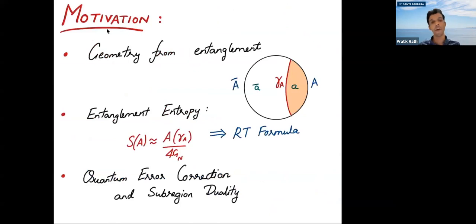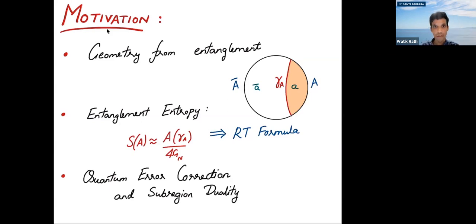So let me start with some broad motivation first. The general program in which I'm quite interested is colloquially called the It from Qubit program, or sometimes also called ER equals EPR and so on, where the key idea is that somehow entanglement in quantum systems plays a key role in the emergence of classical geometry, the description of space-time, especially in the context of holography, which we best understand in AdS/CFT.